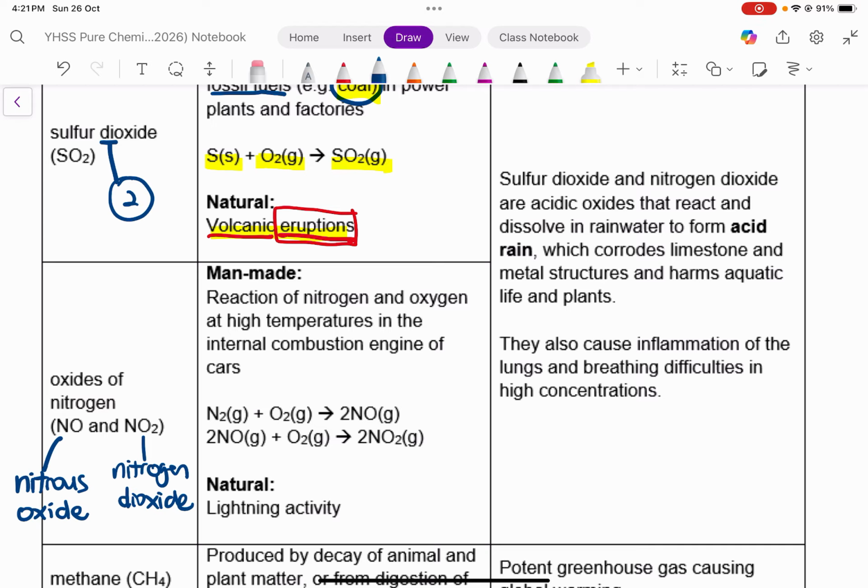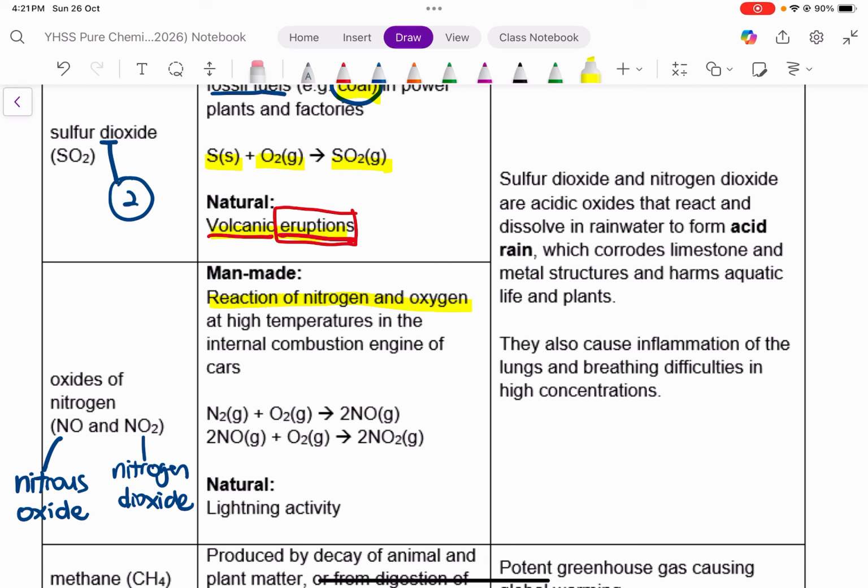Okay, now oxides of nitrogen can either be man-made or from natural sources again. So the man-made source is the reaction of nitrogen and oxygen, but this doesn't occur naturally. Nitrogen, as we said last lesson, is quite unreactive because nitrogen has a triple bond between the nitrogen atoms.